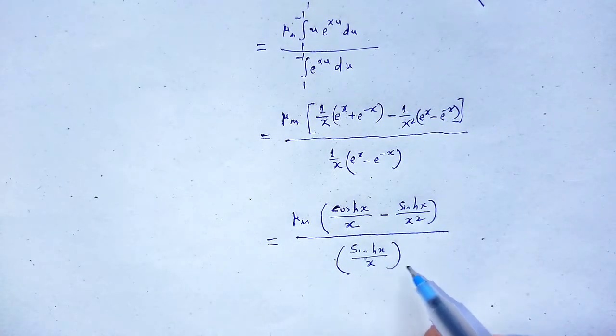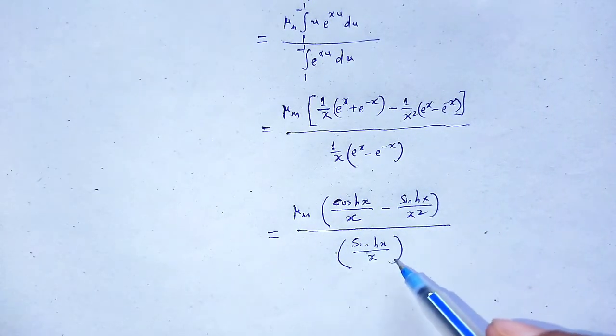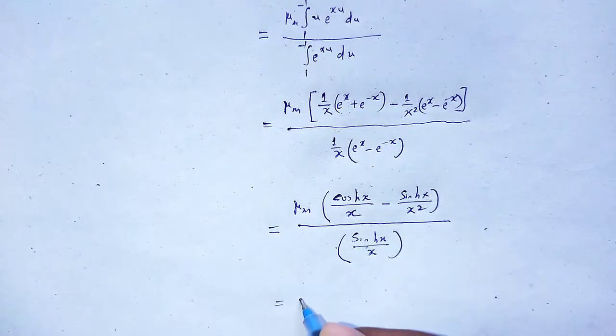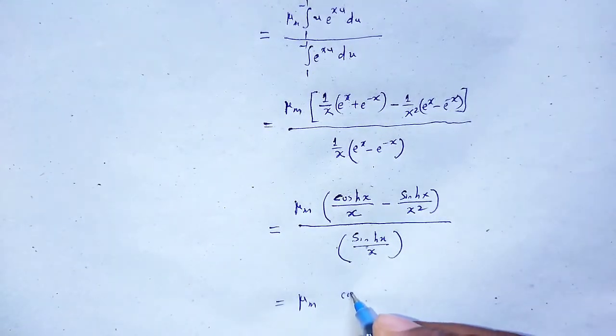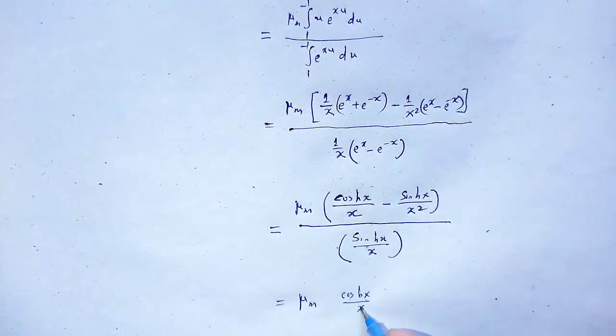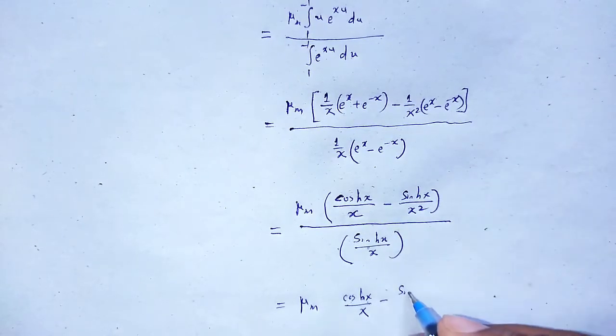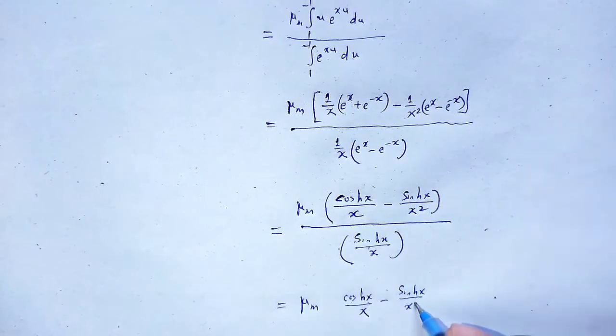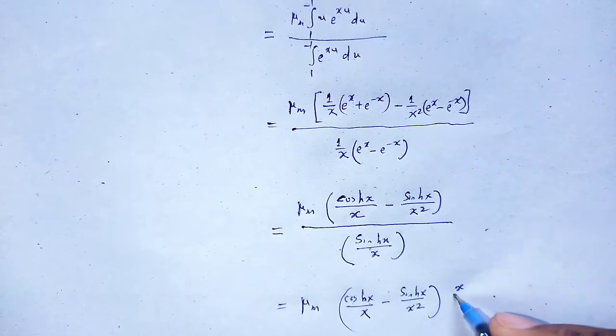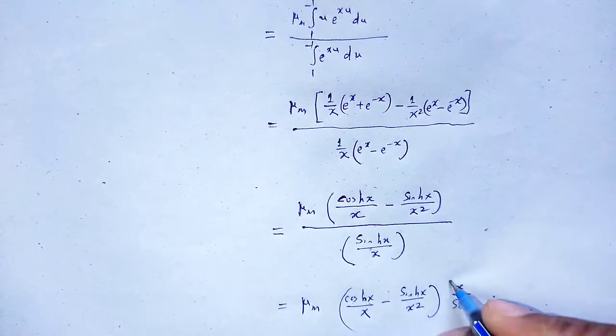When that term is multiplied, we obtain mu m cos hx by x minus sin hx by x square, whole into x divided by sin hx.